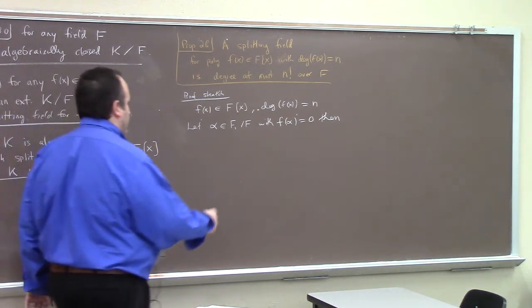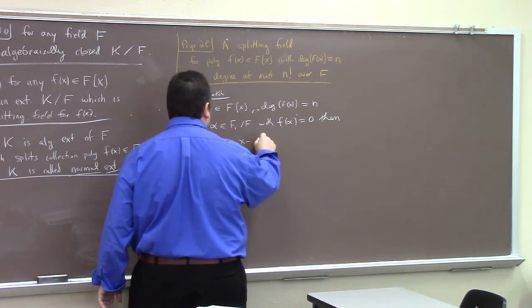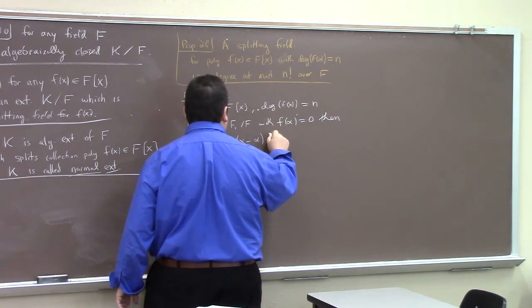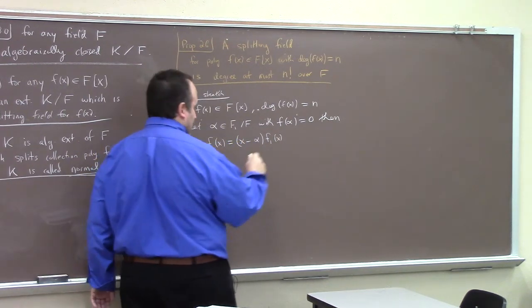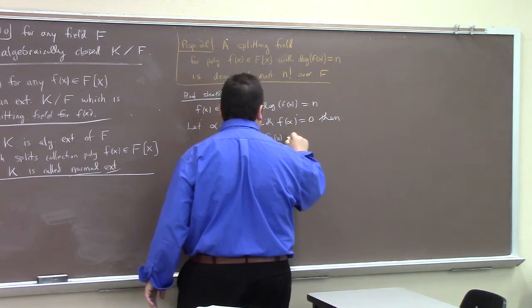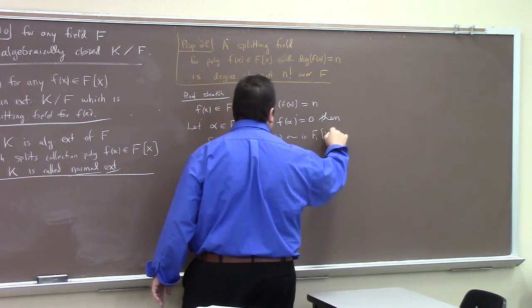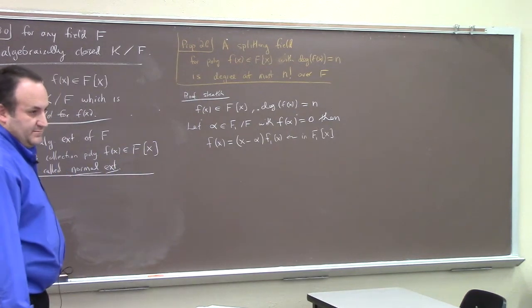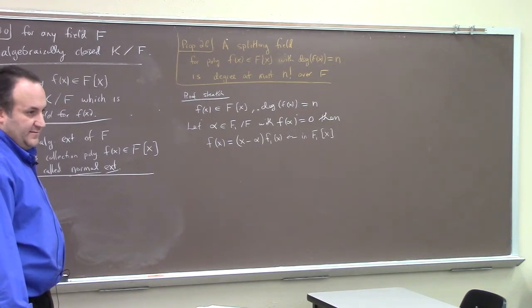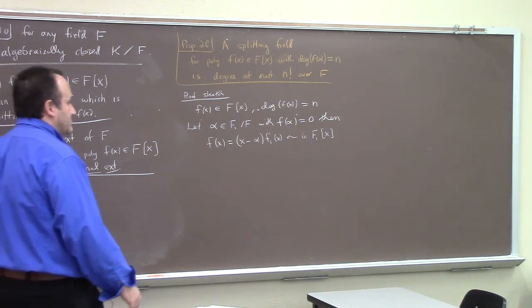And so that then gives us the following. f of x is equal to x minus alpha times, let's say, f1 of x. This factoring is happening in the extension, because alpha is in F1.